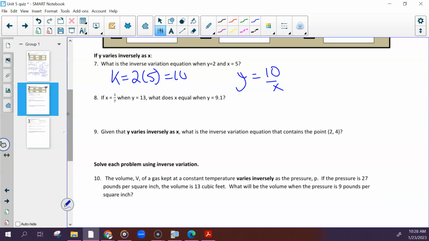Eight, you had to find your k value. You're again given x and y, so you don't need to put the original equation. You can if you want. But we need to multiply x and y together to get k. Because when you multiply them, you get a repeating set of decimals, leave it as a fraction.